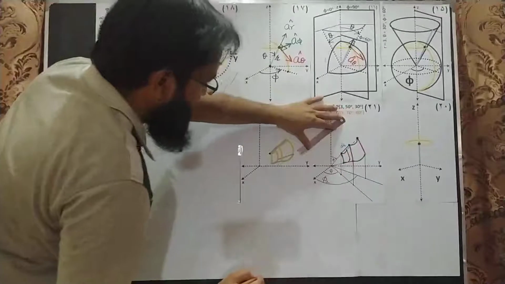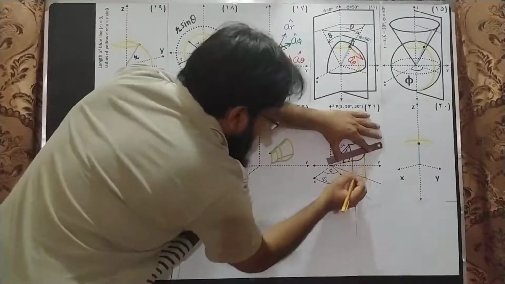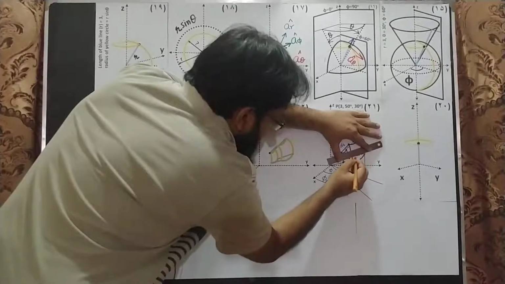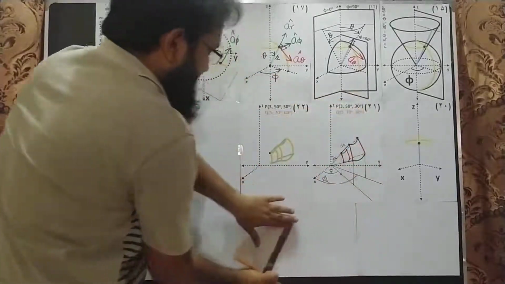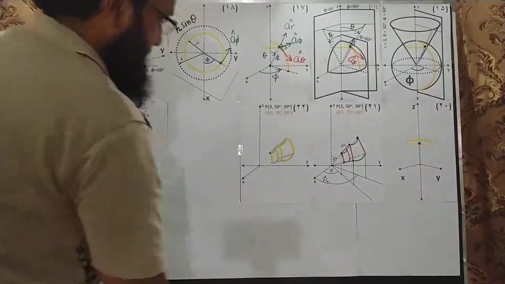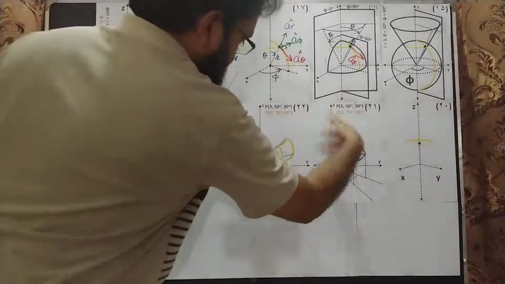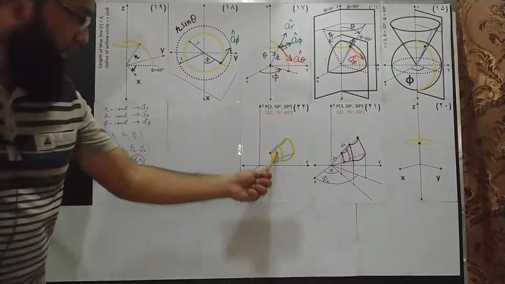Okay, dotted line. And similarly between this point and that point, I will get a change in radius only. Okay. So now if I just remove all these extra lines, the final shape which I'll get is this one.